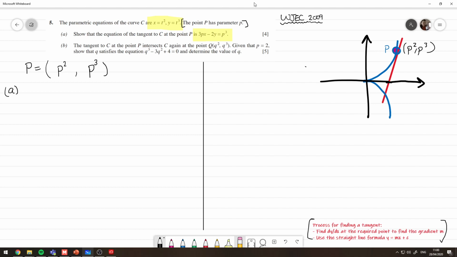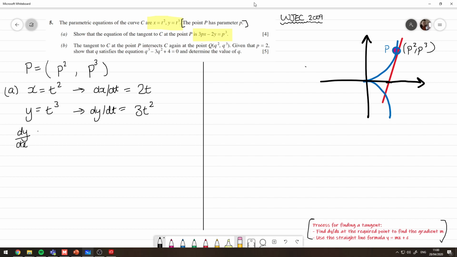First of all, we know the x value is given by t squared, so dx dt is going to be given by 2t. Similarly, I can differentiate the y, and I can get 3t squared out from that.